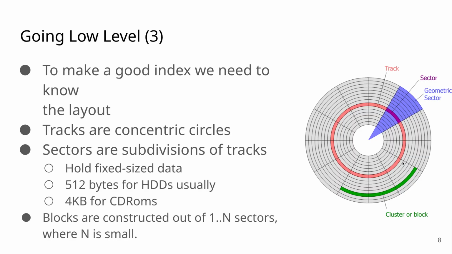And then a track is just a concentric area on the disk, like this. So a sector is just a part of a track, between two angles. Okay, that's what we define as a sector in the disk.